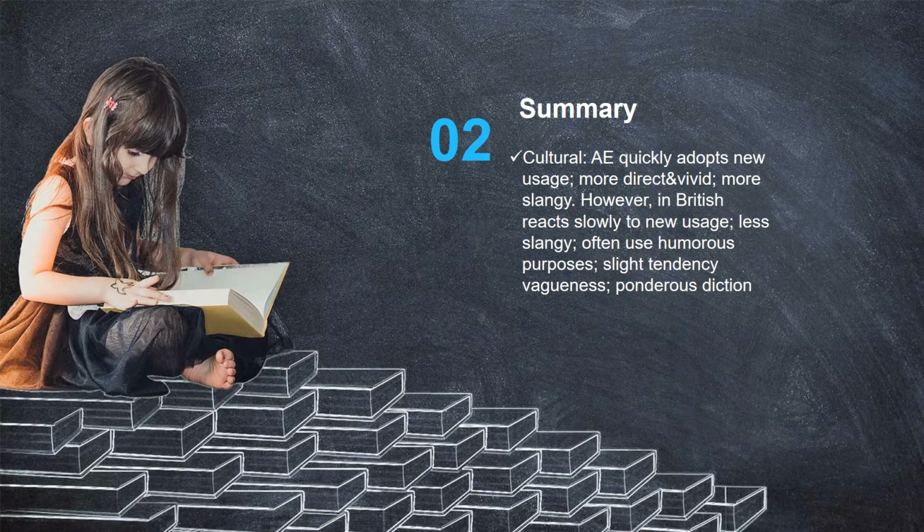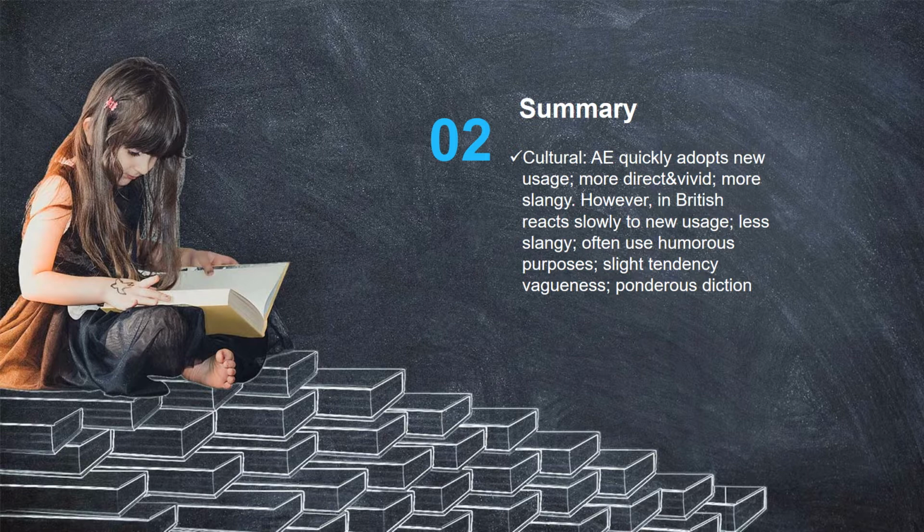Second is more direct and vivid. American English usually says things right to the goal and clear. And the last is less slangy. They also tend to use new words or popular words, let's say nowadays language and not the original one.